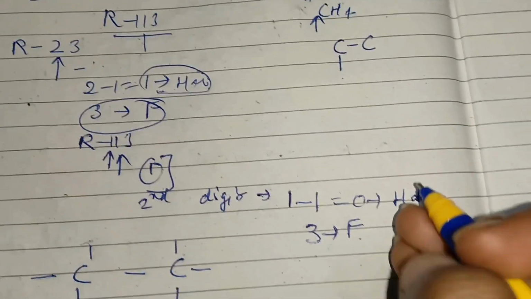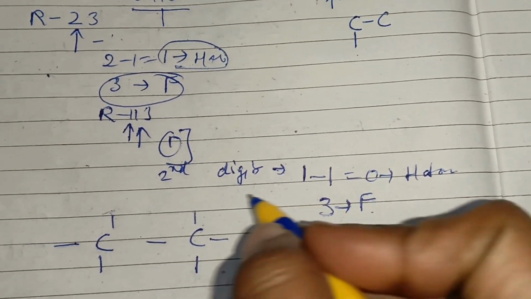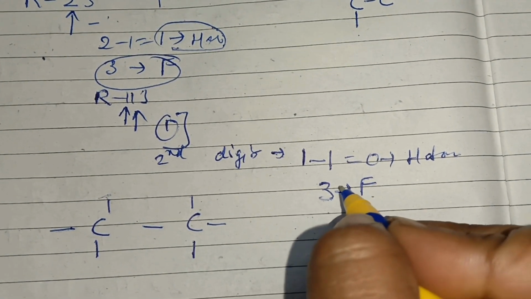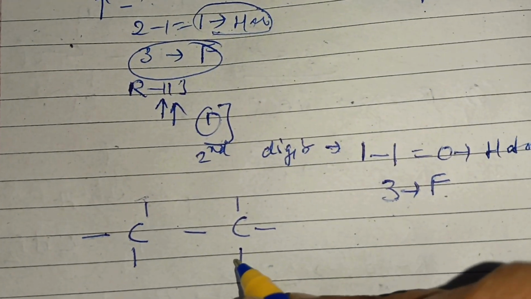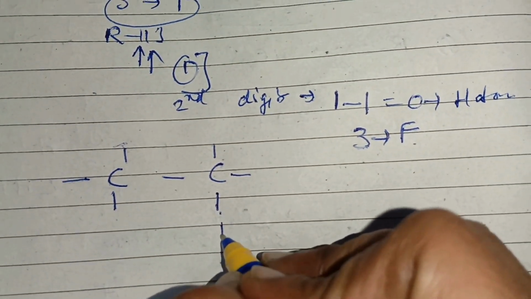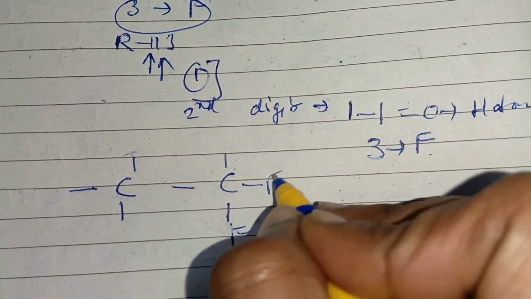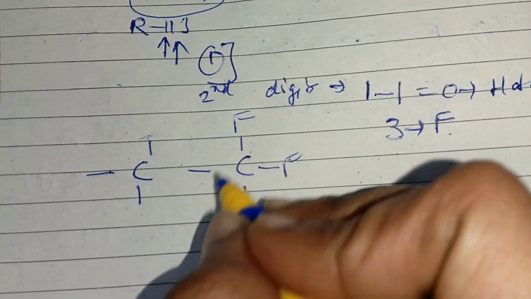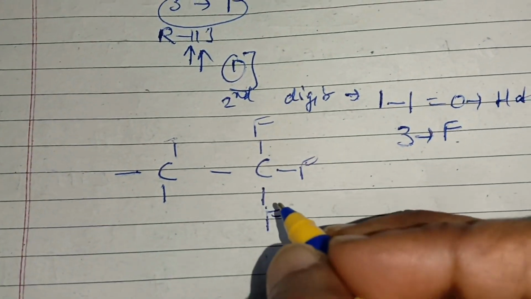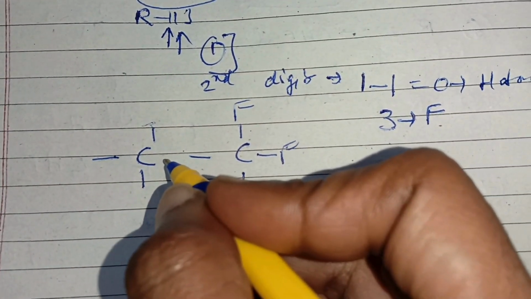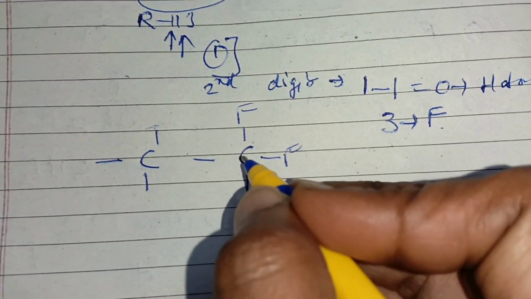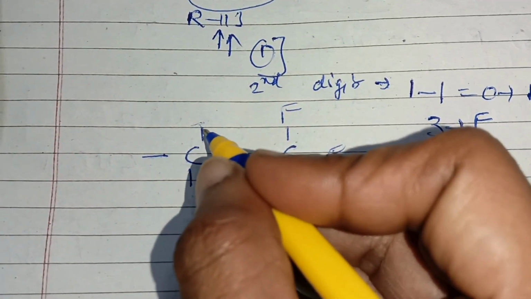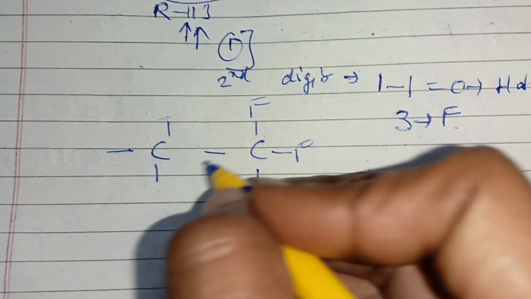As we have seen, the number of hydrogen is 0, so no H will come here. Fluorine is 3. If you want, you can give 3 fluorines to this carbon. So you can see for this carbon, all the 4 bonds are filled: one with carbon only, and 3 are taken by fluorine. You see there are still 3 vacancies.